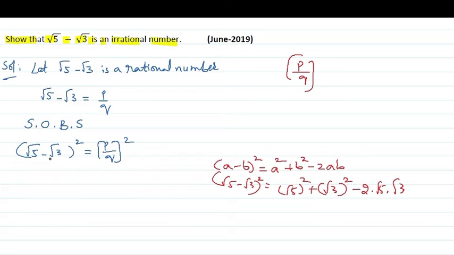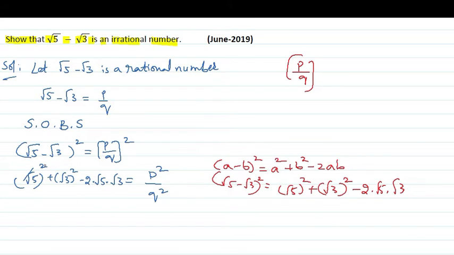Here root 5 minus root 3 whole square is equal to root 5 whole square plus root 3 whole square minus 2 into root 5 into root 3, which is equal to p square by q square. Why? Because we need to separate the square for the p and the q.